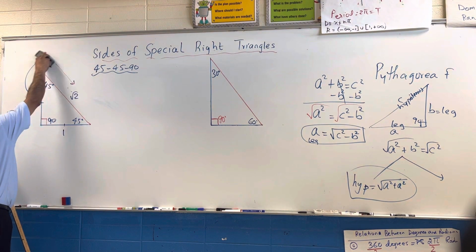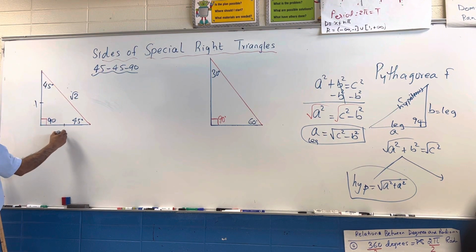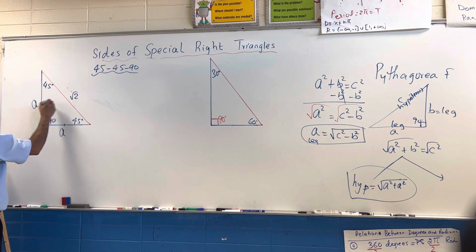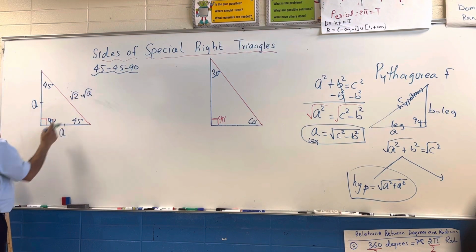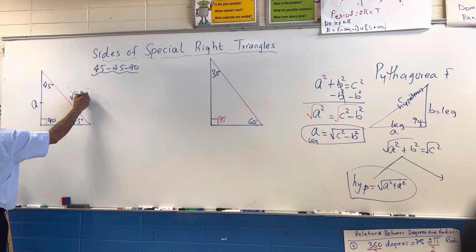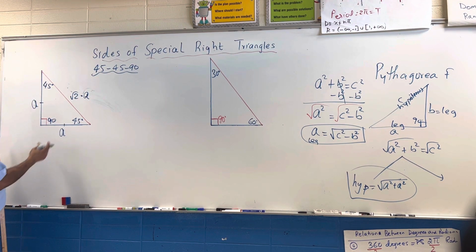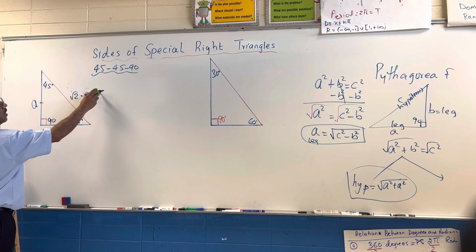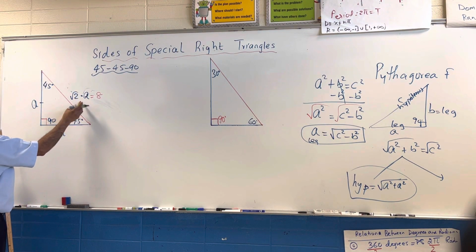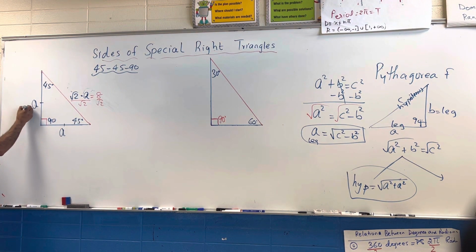You multiply all the sides by a, and if you are given the hypotenuse as 8, you divide by the square root of 2, and this leads to 8 square root of 2 over 2.